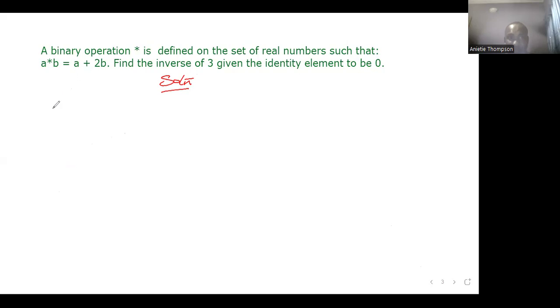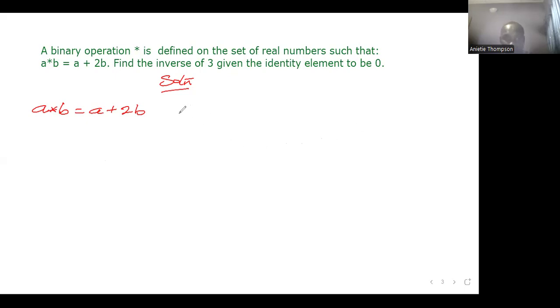This is a new definition, so I would like to write that definition first, to see what the operator is telling us. It is equal to A plus 2B. Find the inverse of 3, given that the identity element is 0.